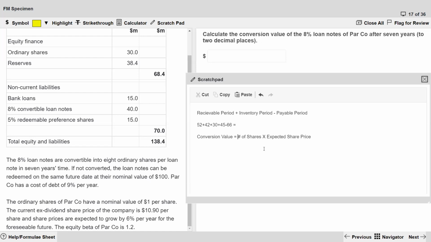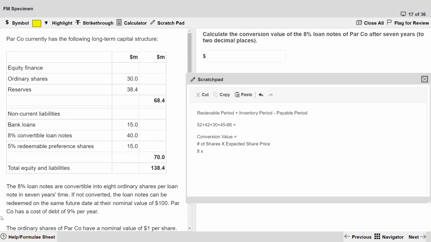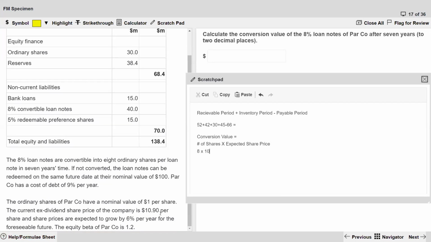So for every single loan note, it is convertible into 8 ordinary shares. So 8 shares multiplied by the price right now, which is 10.9. And this price is expected to grow by 6% per year, for 7 years time.